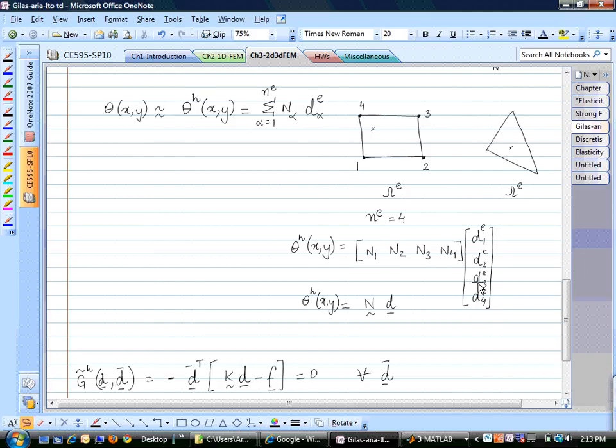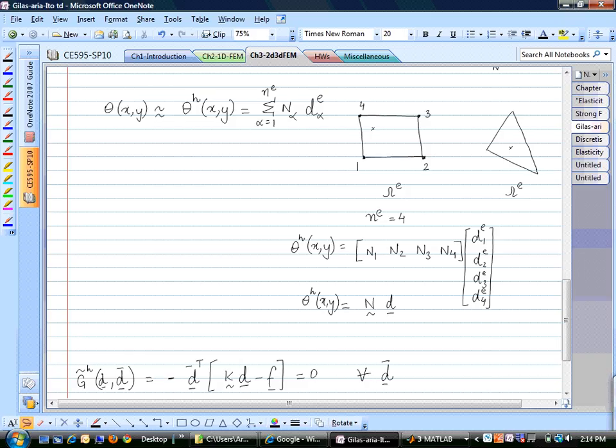So if the product of this gives you a scalar, then that scalar is the value of this approximation at that point. You go to a different point, then you would have to use the shape functions for that point, multiply this out, and you will get an approximate value of theta or temperature at that point within the element. So this is just an approximation that we are making.